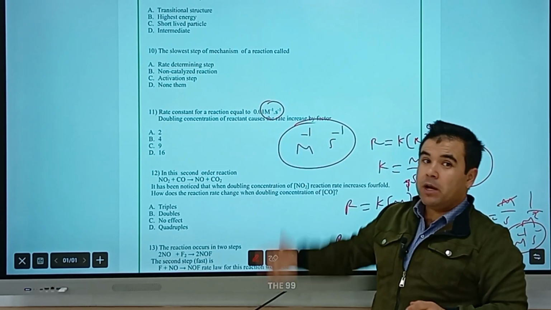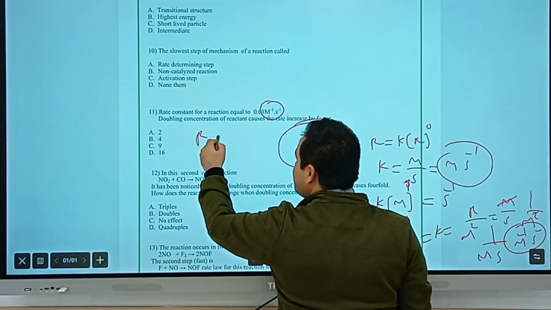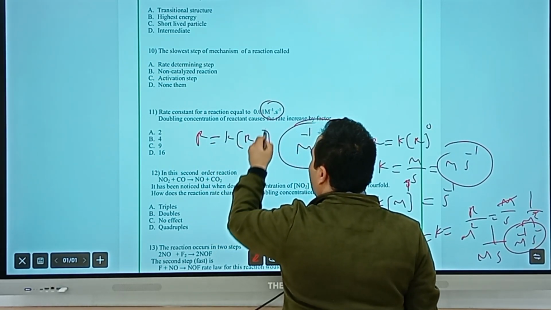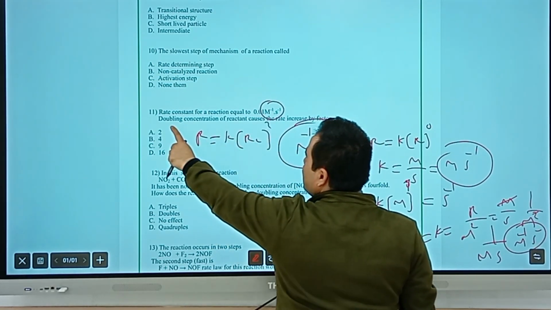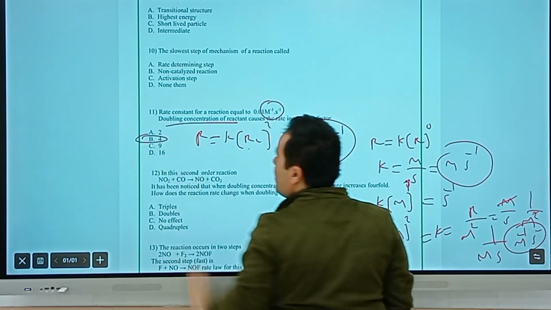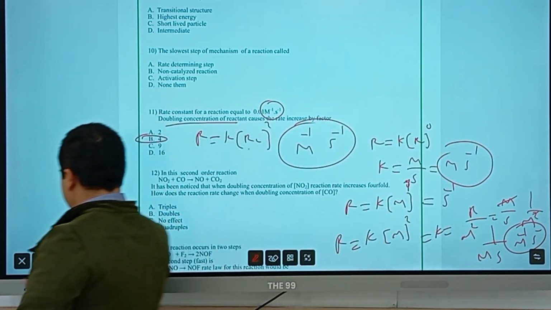So M minus 1 s minus 1 is the unit of order 2. R is equal to K times reactant to the power of 2. What's that? Doubling the concentration quadruples the rate of the reaction. That's how we can answer the question.